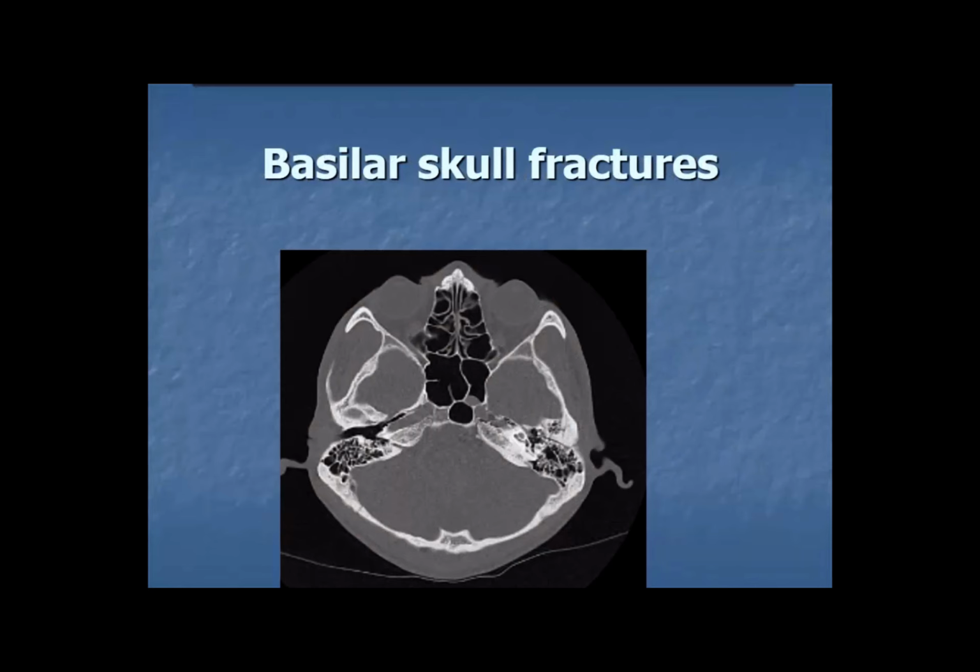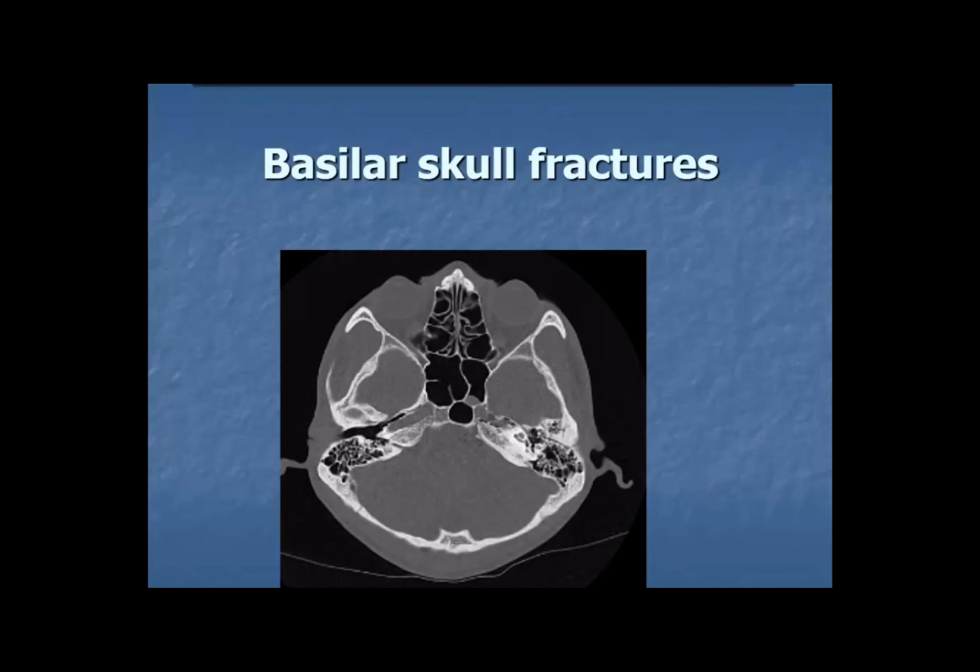Basilar skull fractures are the most serious and consist of a linear fracture at the base of the skull. They can be associated with a tear in the dura mater with subsequent CSF leak, which can lead to CSF rhinorrhea and otorrhea. They can be suspected if there is air seen in the cranium, traumatic pneumocephalus, fluid in the mastoid air cells, or an air fluid level in the sphenoid sinus.